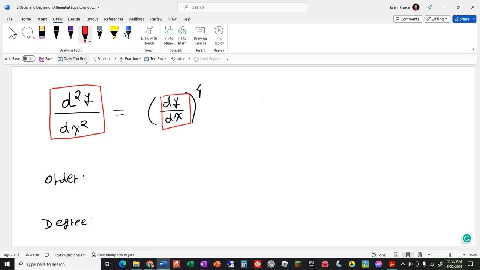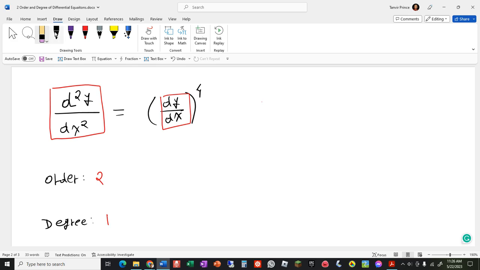So the second derivative is the highest order. So the order is 2, and the degree is 1, because the exponent of the second derivative is an invisible 1 there. I know we don't write anything, but there's an invisible 1. So the degree is 1. Remember, it's not 4. You don't look at 4 because 4 is the exponent of the first derivative, and the first derivative is not the order.